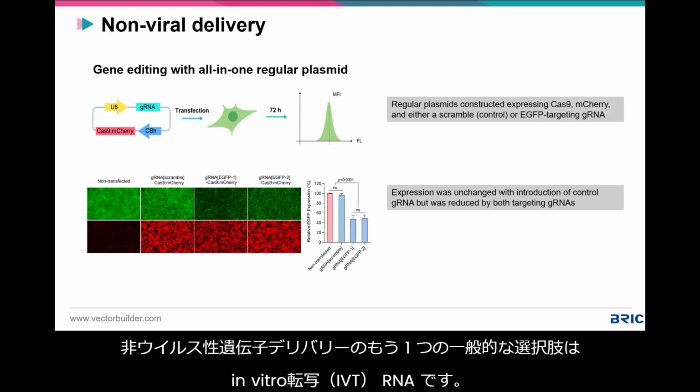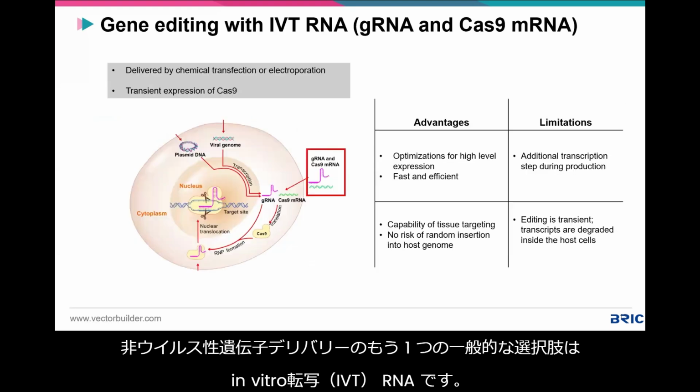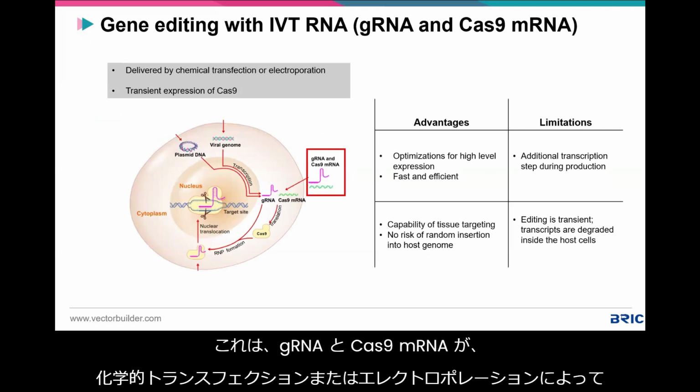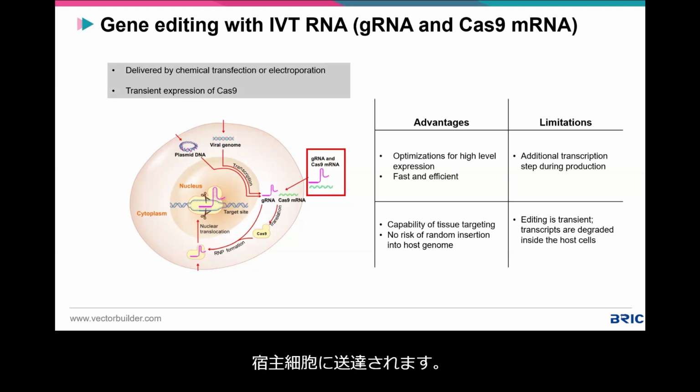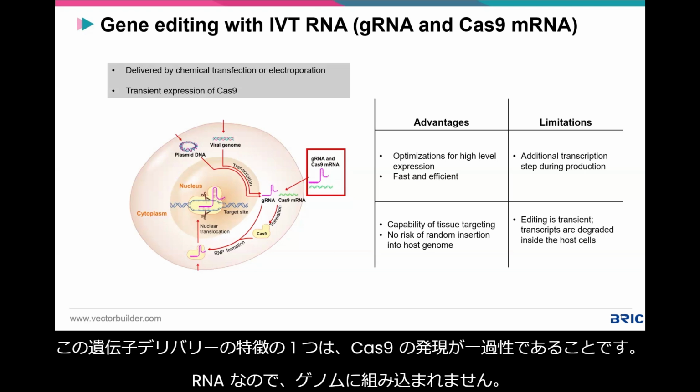Another popular option for non-viral delivery is IVT RNA, which is in vitro transcribed RNA, in which the guide RNA and Cas9 mRNA are delivered into the host cell by chemical transfection or electroporation. One of the characteristics of this method of gene delivery is that the expression of Cas9 is transient.